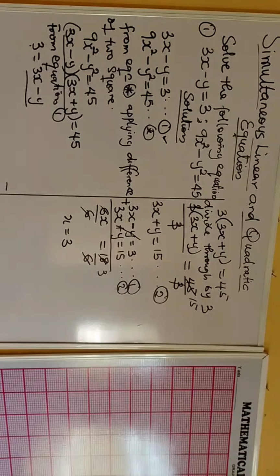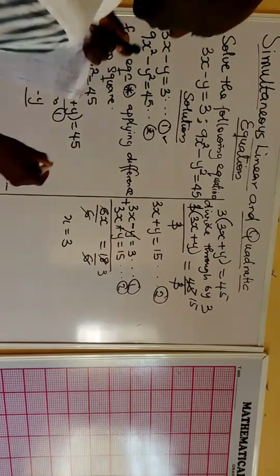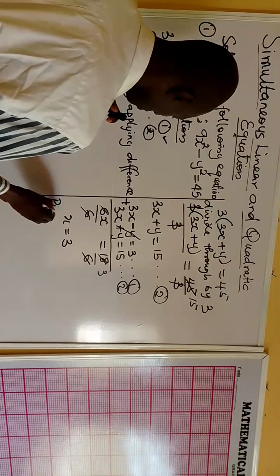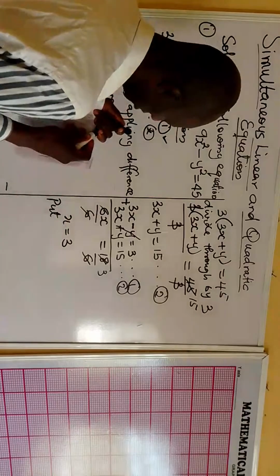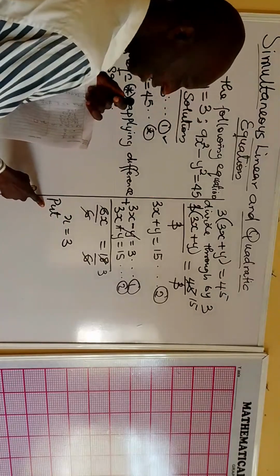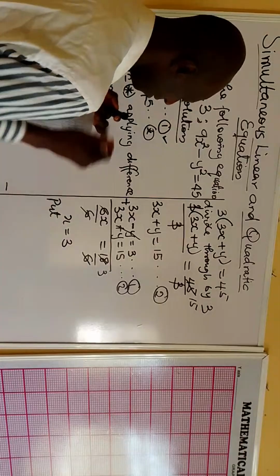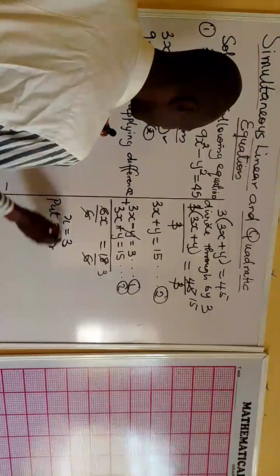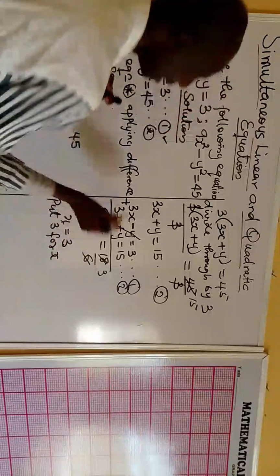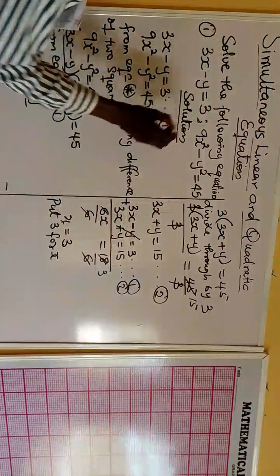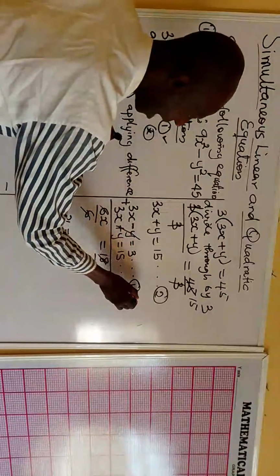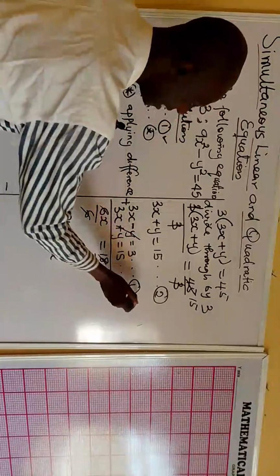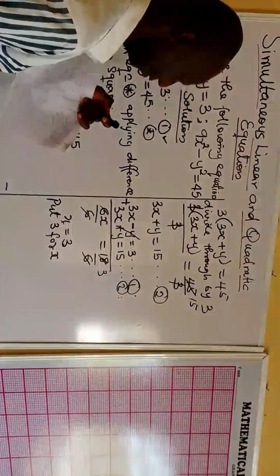Now let's look for the value of y. You can say substitute, you can say replace. Put this 3 for x into equation 1 or equation 2. If you put it in either, you will get your value of y.